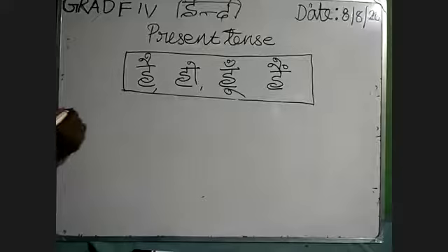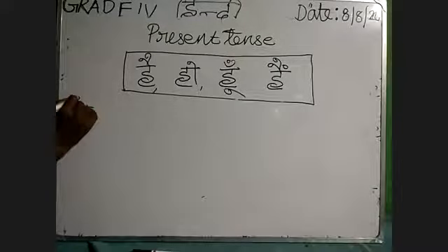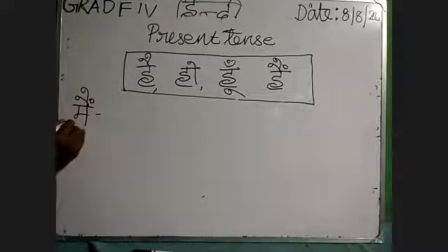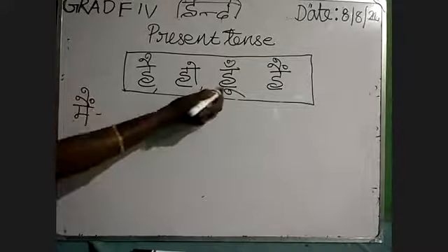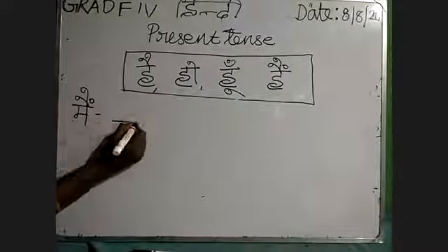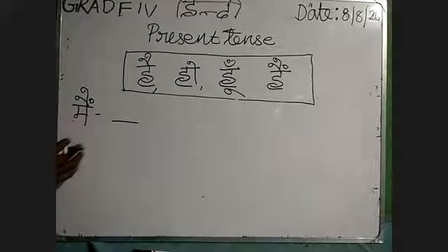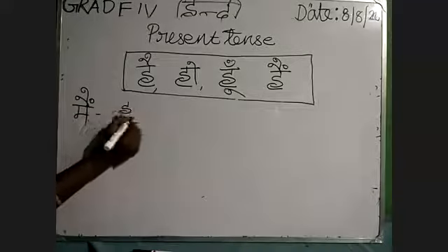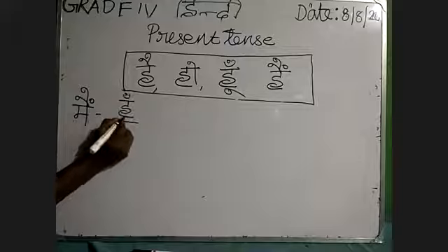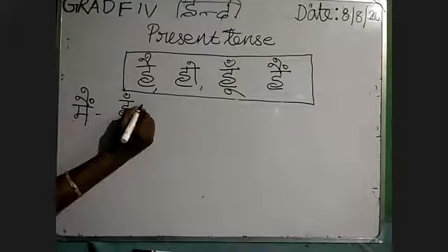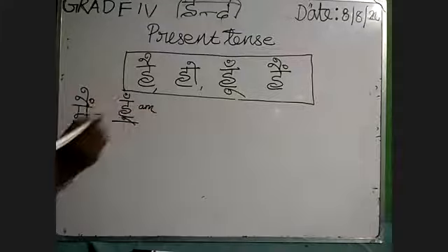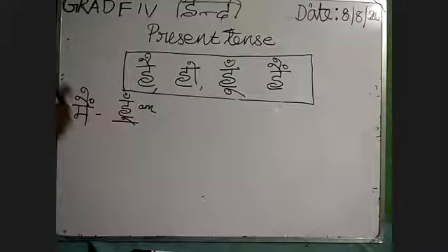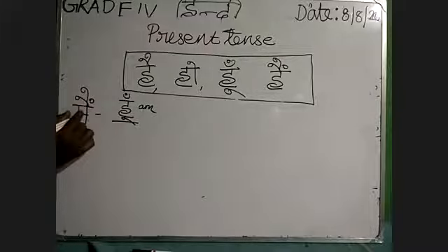See here, main. Main means I. Main always ends with hoon. So for main, the blank will be given, and you should choose the correct answer and write. Hoon means am. Main hoon. For example, main ladka hoon means I am a boy.